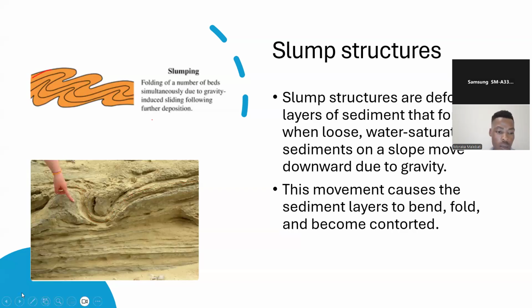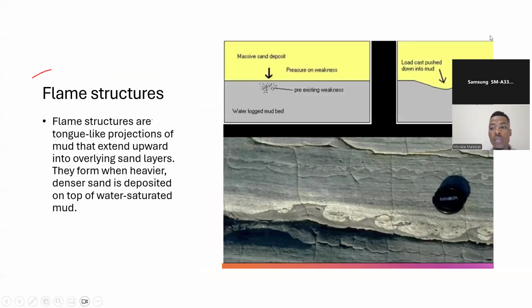Now the other structures, we've got the flame structures, and there is a reason why they're called flame structures: they resemble a flame. Basically, it happens when we have mud at the bottom, and then heavy sand gets deposited on top.